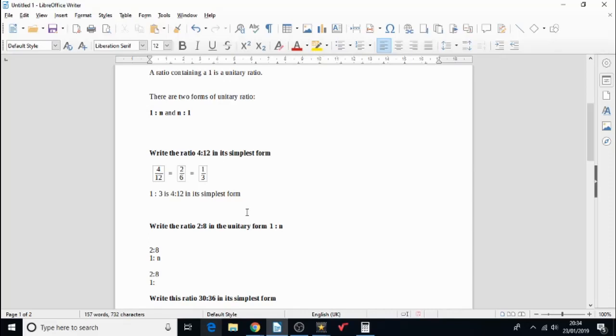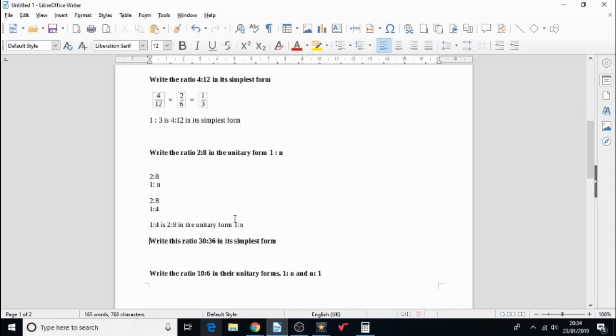So 8 divided by 2 is 4. So 1 to 4 is 2 to 8 in the unitary form of 1 to n, with n being 4.